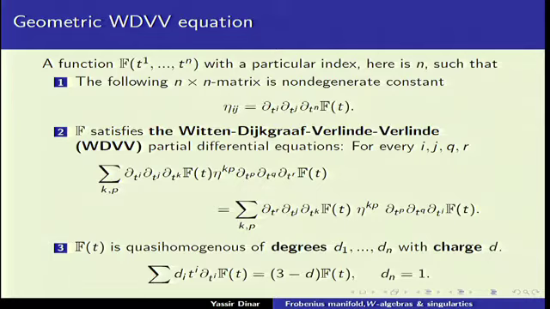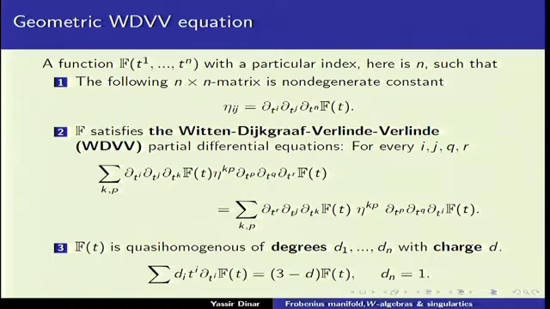Such that the third derivative of this function is a non-degenerate constant matrix. And this function f satisfies a system of partial differential equations. It comes from topological conformal field theory. It is known as the WDVV equations.